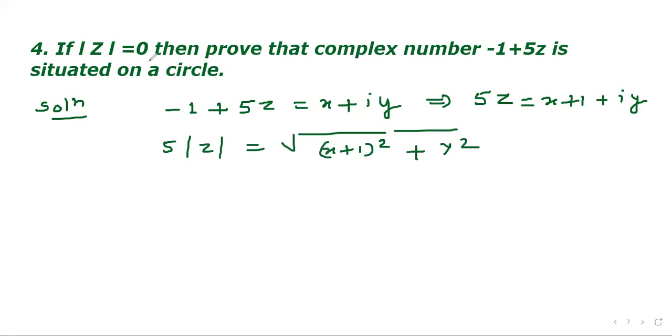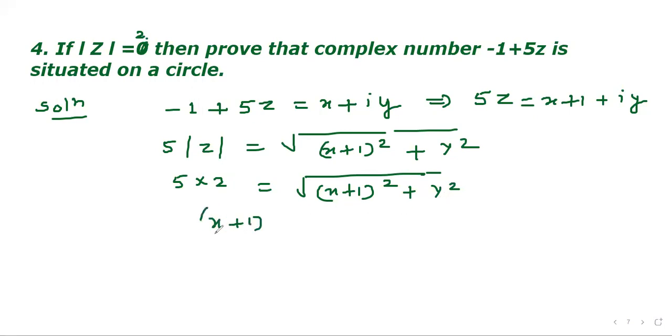But modulus z is given as 2. So here 5 times 2 equal to root of x plus 1 whole square plus y square. Squaring both sides, x plus 1 whole square plus y square equal to 10 square.